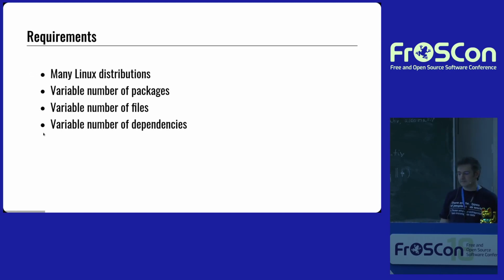And on the other hand, compatibility packages are not present when we build on the newest distributions. Then the number of files in different packages also changes between distributions, and of course dependencies are different. And we need to build all that, and we don't want to have spec files for every single Linux distribution. That would be unmaintainable.